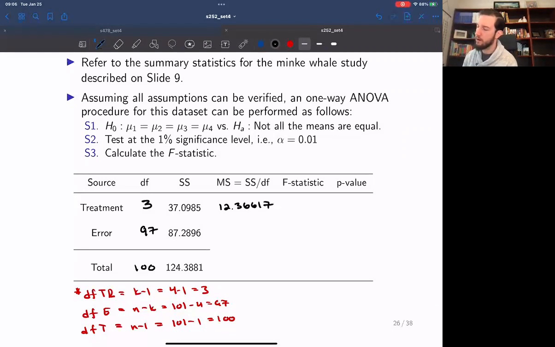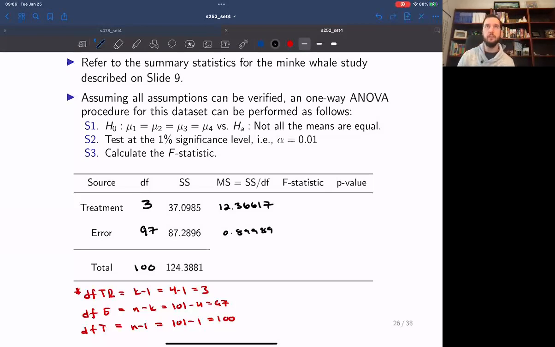The mean squared error is the sum of squares error divided by its degrees of freedom, so 87.2896 over 97, which is 0.89989.